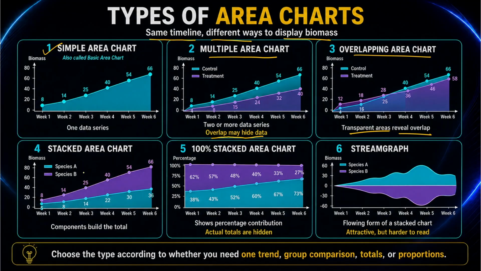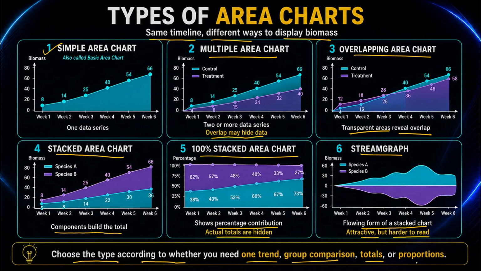A stacked area chart places components on top of one another to show their contribution to the total. A 100% stacked area chart shows percentage contribution but hides the actual total. Finally, a stream graph flows around the central baseline. It looks attractive but is harder to read. Therefore, choose the type based on whether you need one trend, group comparison, totals, or proportions.